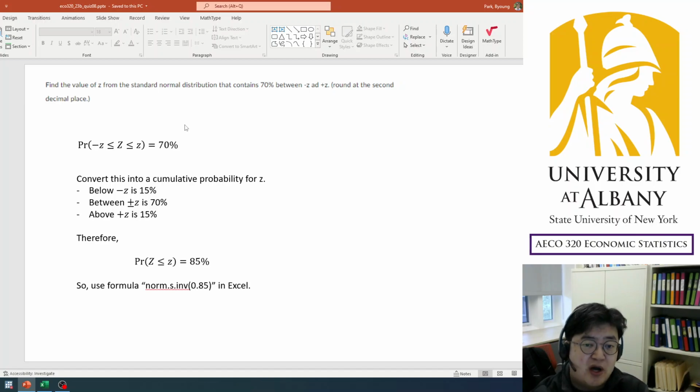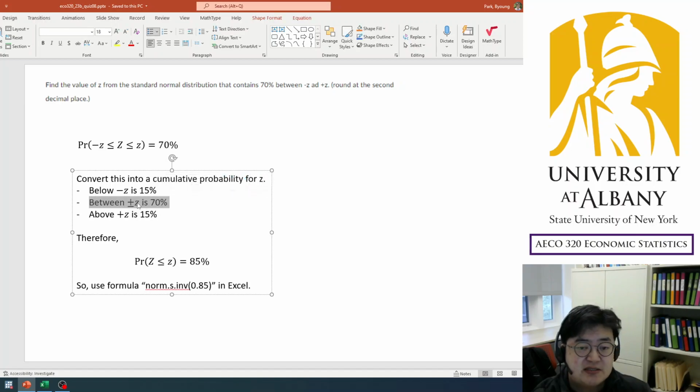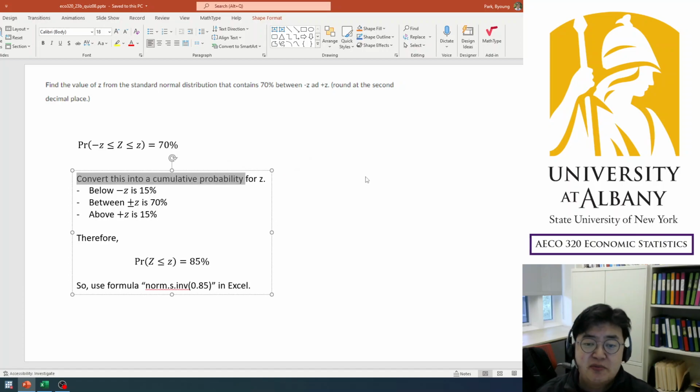And that means what you need to think about is, due to the symmetry of the standard normal distribution, when there is 70% in between plus minus z, the other 30% is evenly split between below minus z and above plus z. So lower tail and upper tail have the same probability. And then in the end we want to convert that probability into a cumulative probability for z.